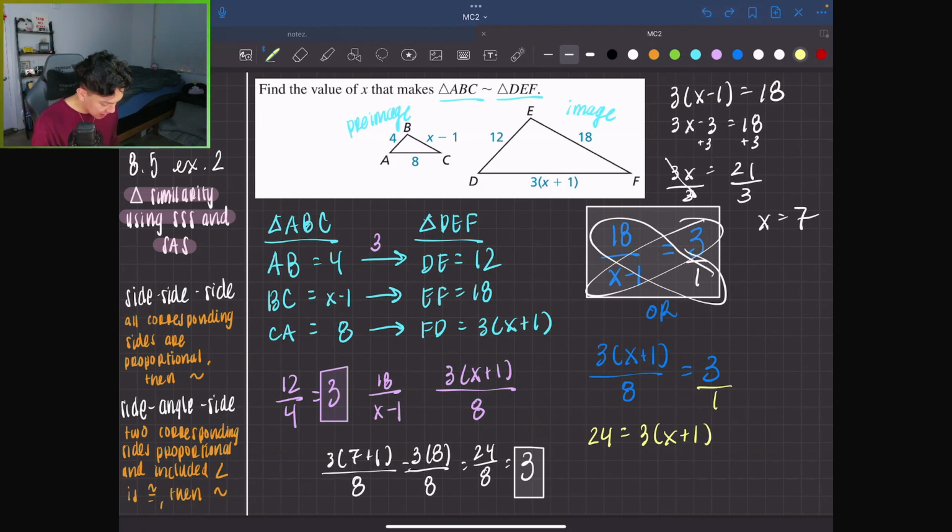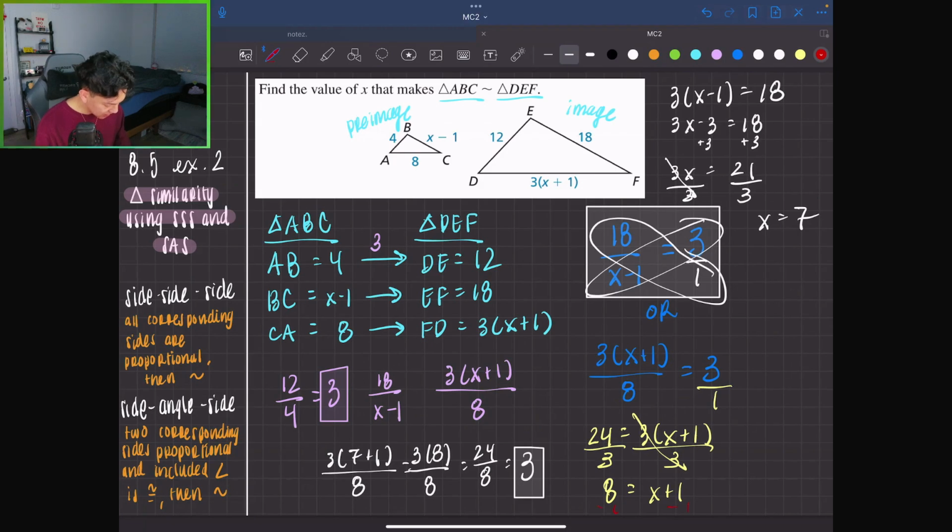This time I'm actually not going to distribute. I'm going to divide both sides by 3. So 24 divided by 3 is going to give us 8, and 3 divided by 3 is just going to leave us with x plus 1. So it's going to be 8 equals x plus 1. And then what do we do to both sides of the equation to isolate the variable x? We're going to subtract 1 on both sides.